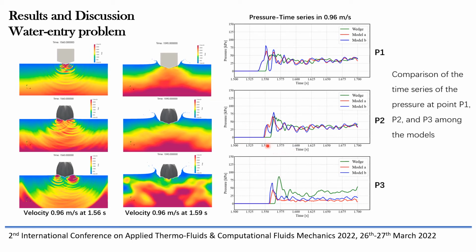We can see that model B has a minimum pressure in the first impact, as you can see here in the middle of the model. It is because of the rail component that was added in this model.